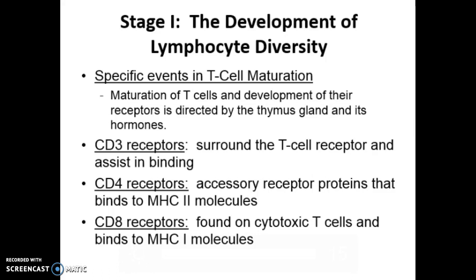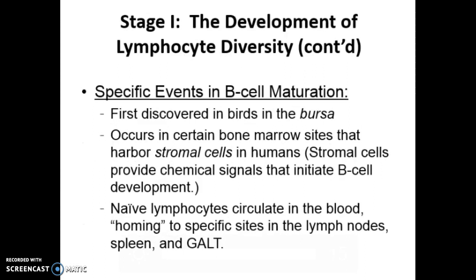And then you have CD4 receptors and CD8 receptors. Each T cell will have either a CD4 or a CD8 receptor, never both in terms of mature T cells. All right, and those are going to be accessory receptor proteins.